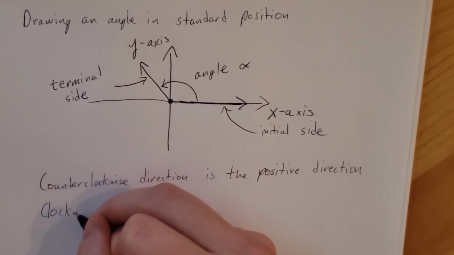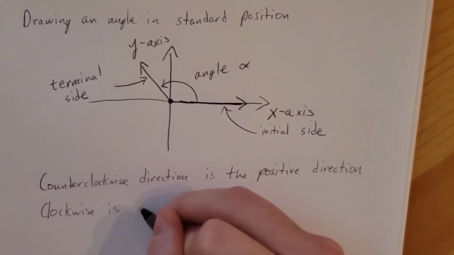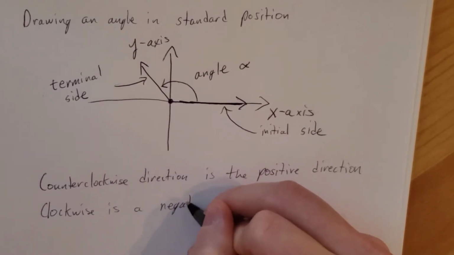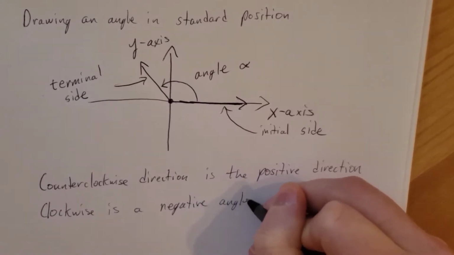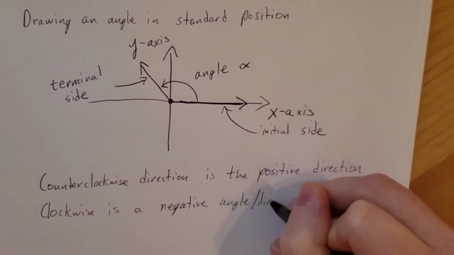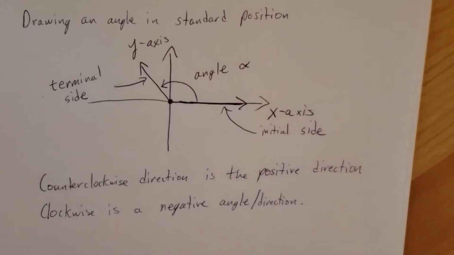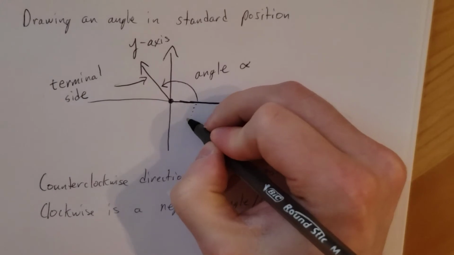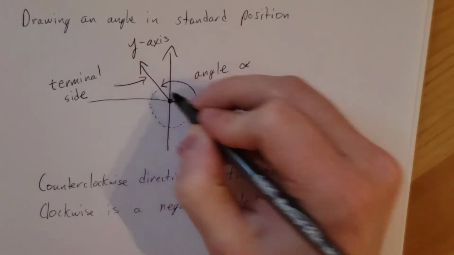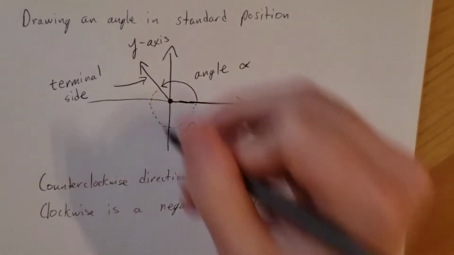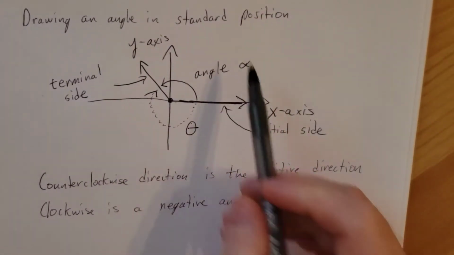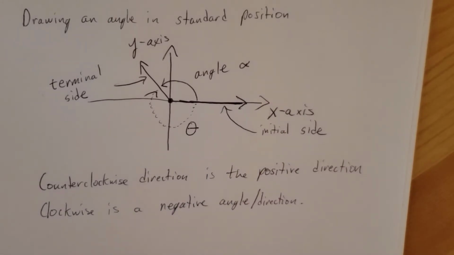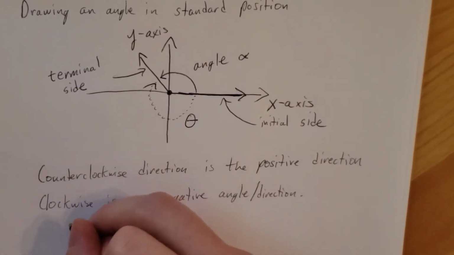Clockwise is a negative angle or direction. So if I draw this angle here and call it theta, then theta is a negative angle and alpha is a positive angle. And I can write that down.